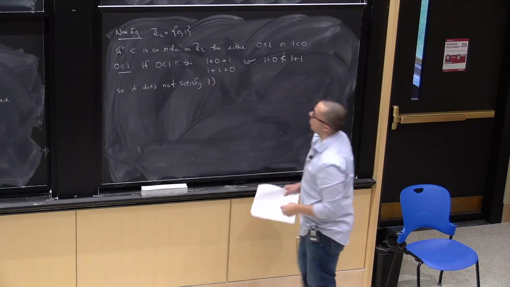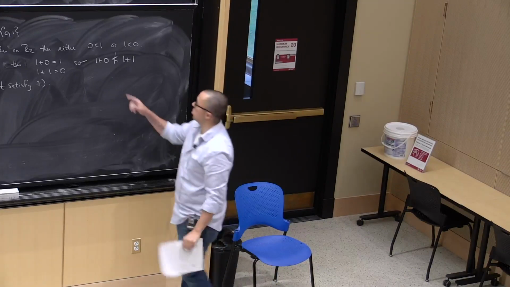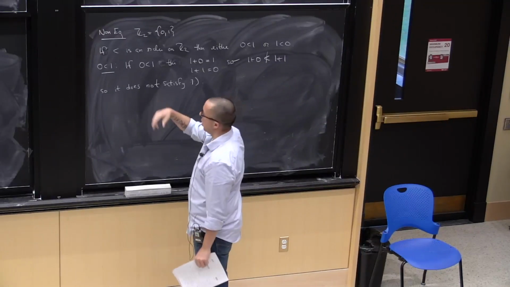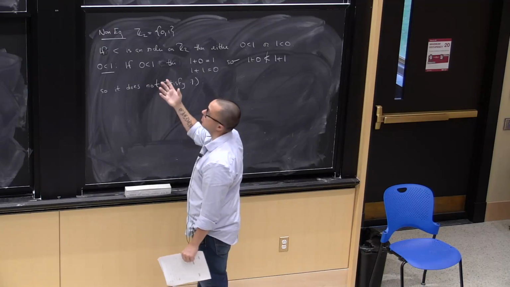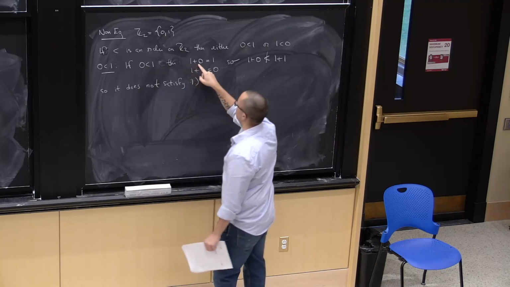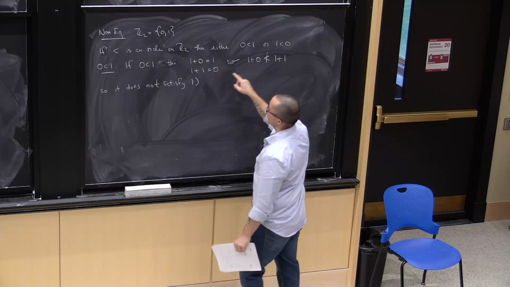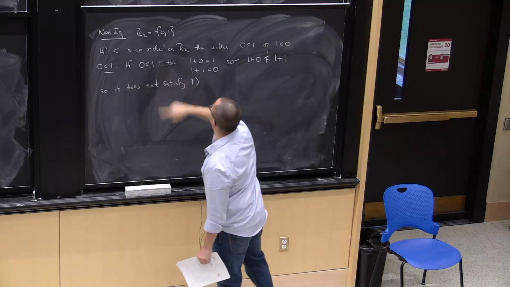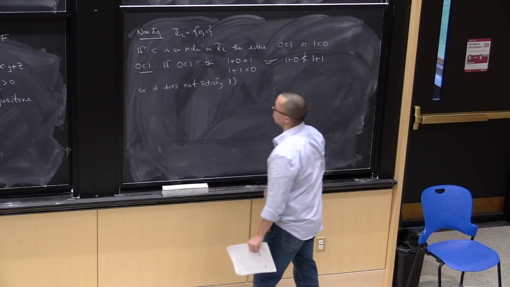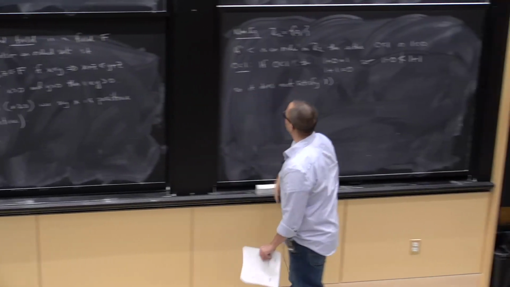So if I have an order on Z2, two possibilities, either 0 is less than 1 or 1 is less than 0. If 0 is less than 1, then by the definition of addition on this set, if I add 1 to 0, I get 1. If I add 1 to 1, I get 0. And therefore, if I were to add 1 to both sides, I would not get a true inequality because I'm assuming 0 is less than 1. So this condition, number 1, does not hold for this order.